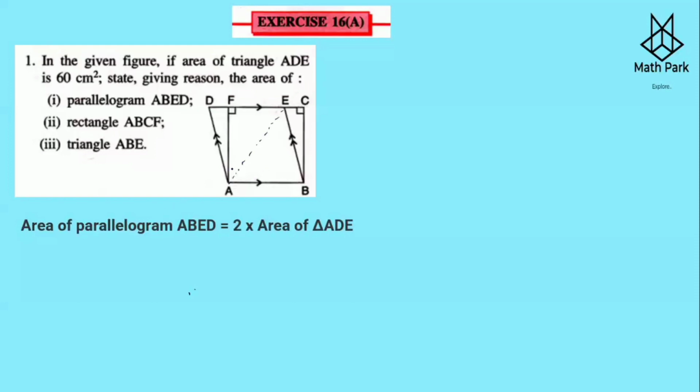So the area of parallelogram ABED is twice the area of triangle ADE because they are on the same base DE. Got that? Since the area of triangle ADE is 60 centimeters square, 2 times 60 gives the area of the parallelogram as 120 centimeters square.